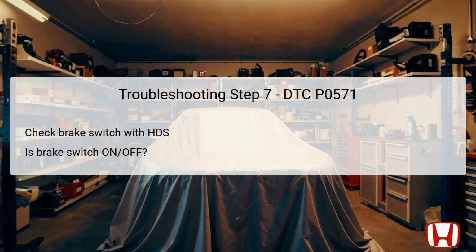A successful operation would indicate that the system is functional at this time, although it suggests a possibility of intermittent failures. Investigate poor connections or loose terminals if freeze data indicates a past failure. However, if the switch does not function correctly, you will need to proceed to step 8 for further diagnosis.